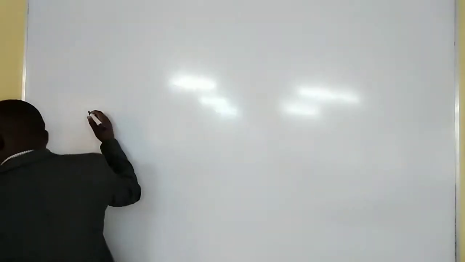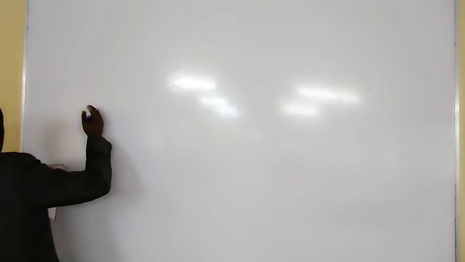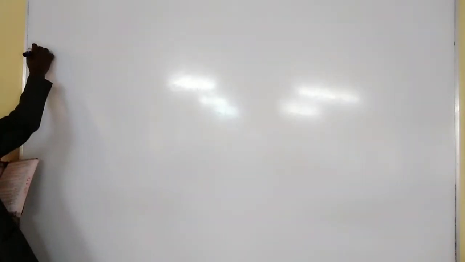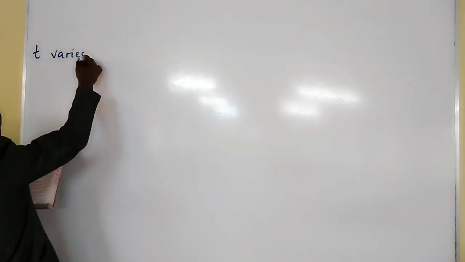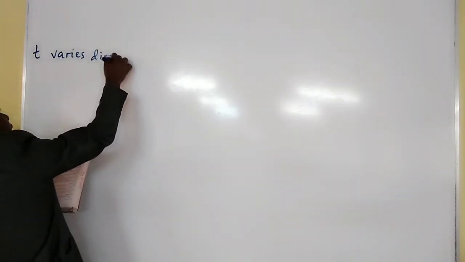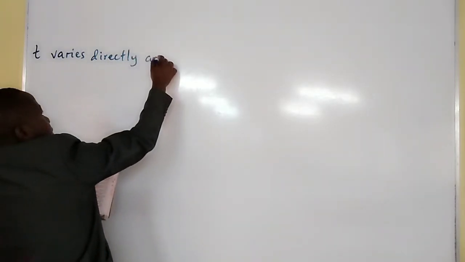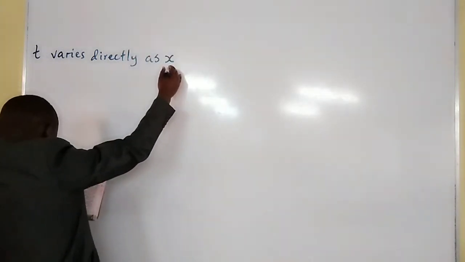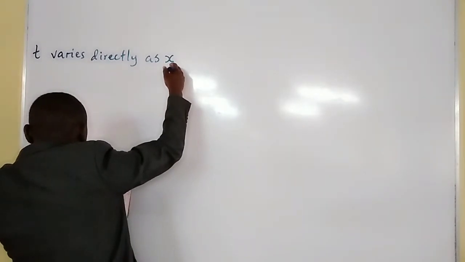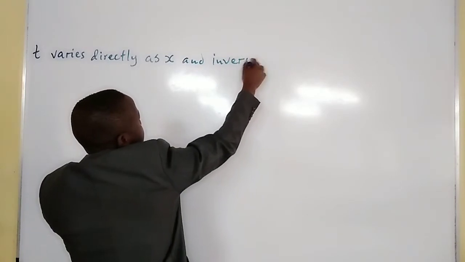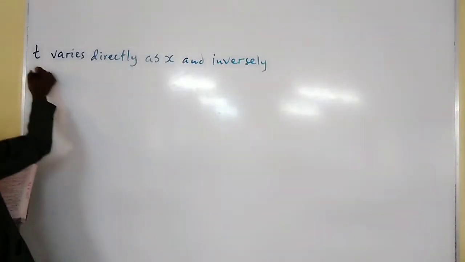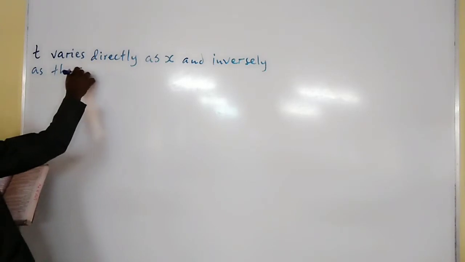We are given a question which says that three quantities t, x, and y are such that t varies directly as x and inversely as the square root of y.